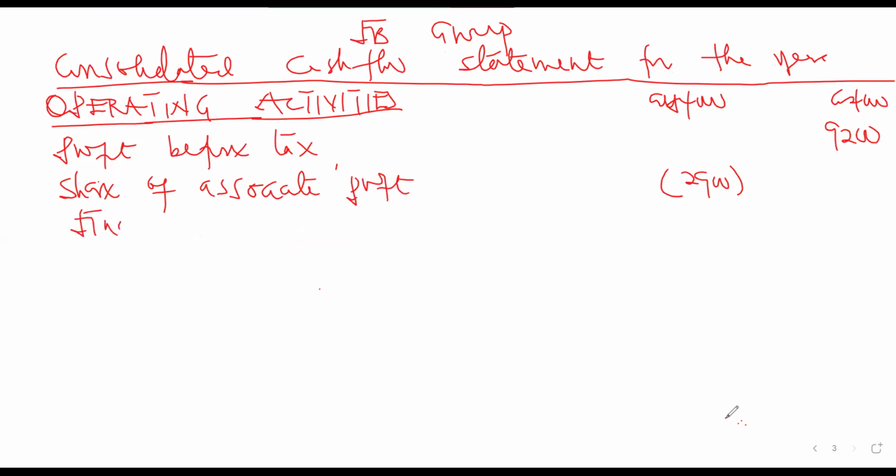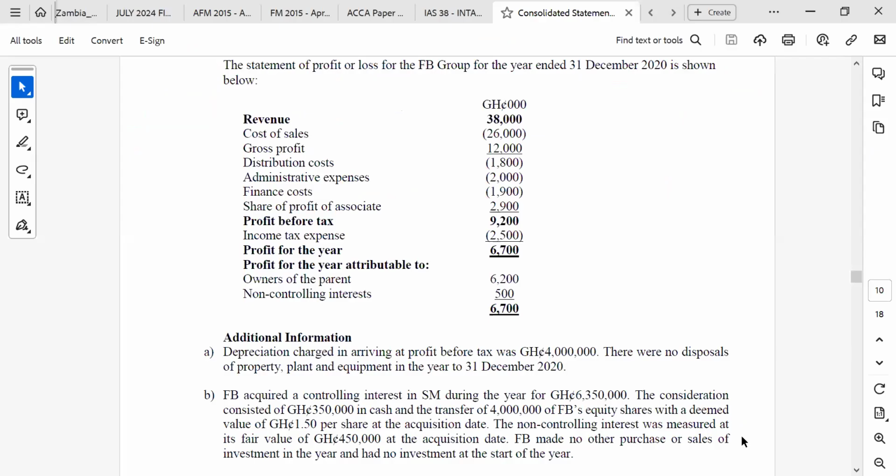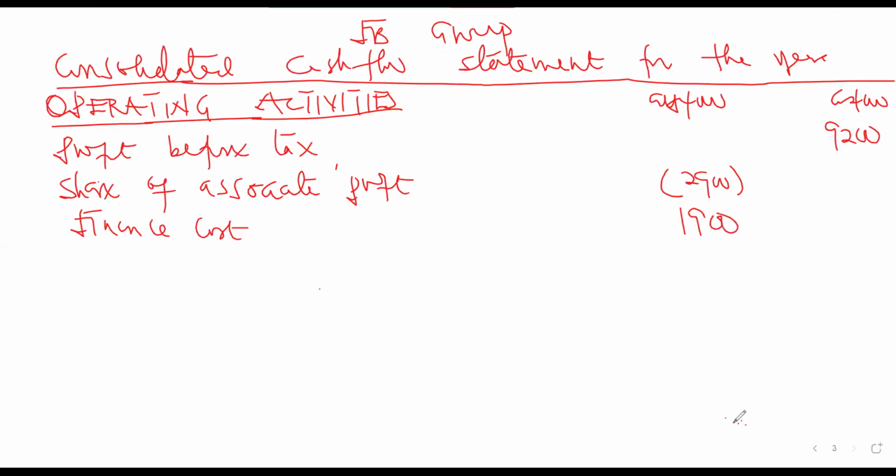Our finance cost. Finance cost is how much? $1,900. So that will be added. We want to know our actual cash that we are paying. So you can go to the footnote and look for depreciation.